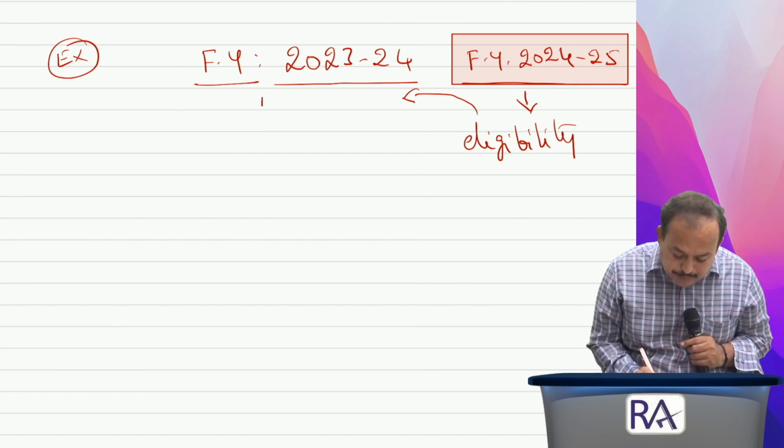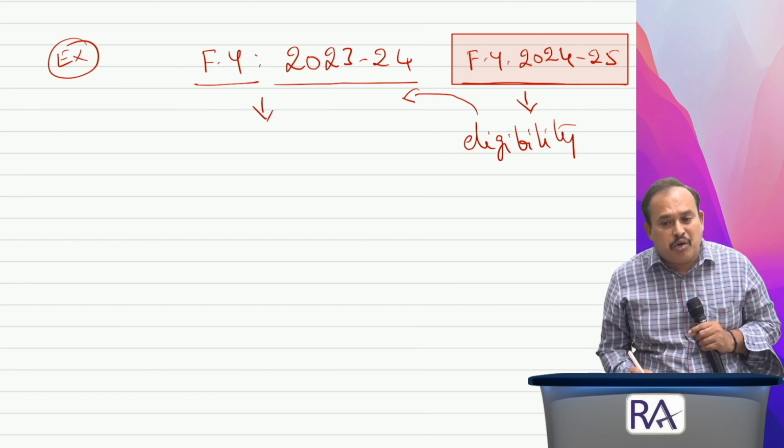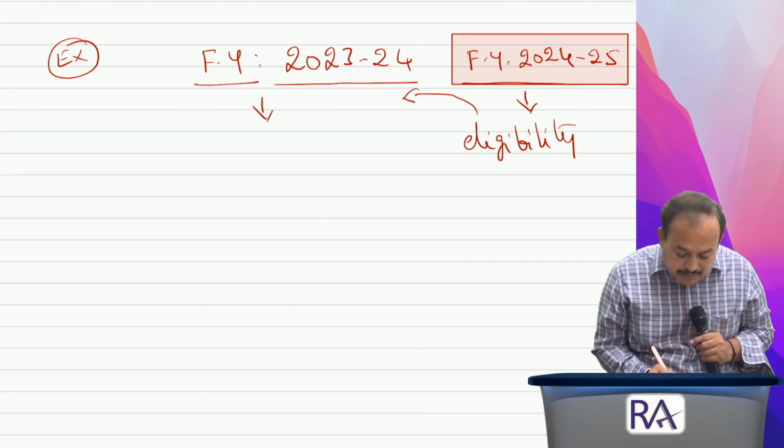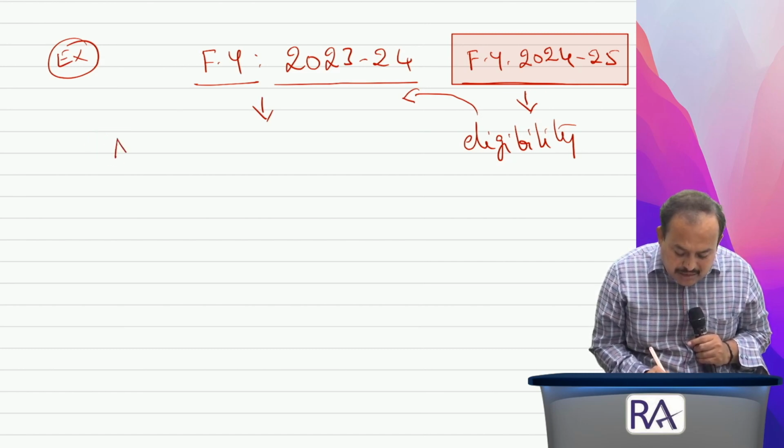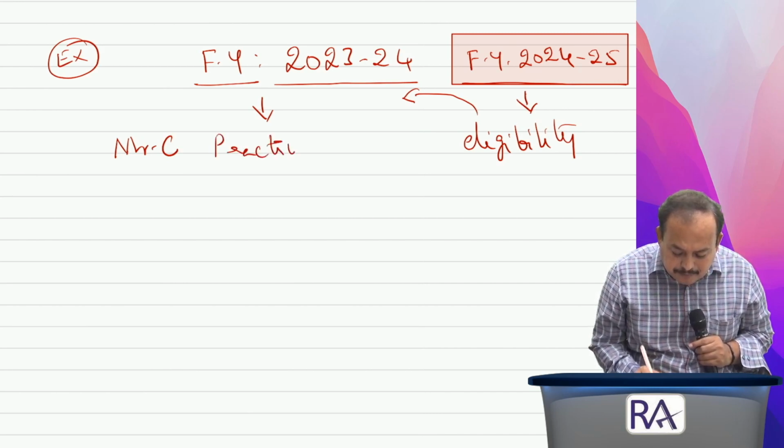For example, in this financial year 2024, here you being, let us say, assume you are Mr. C, a practicing CA.